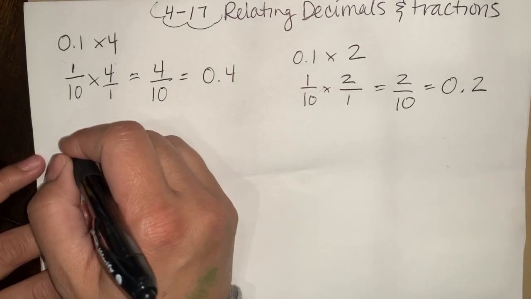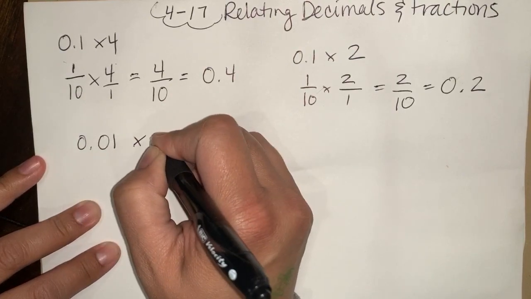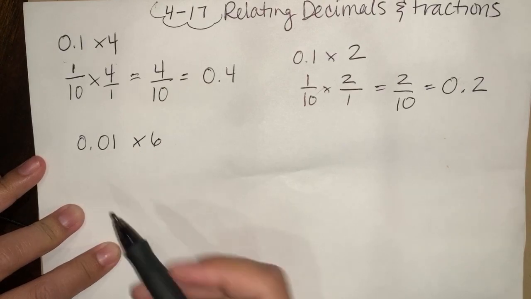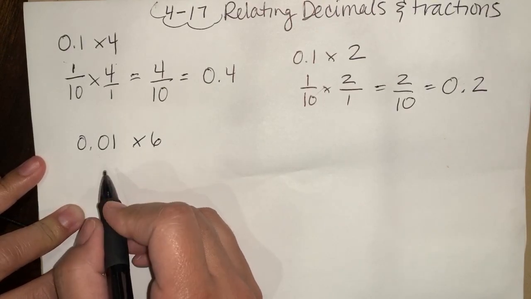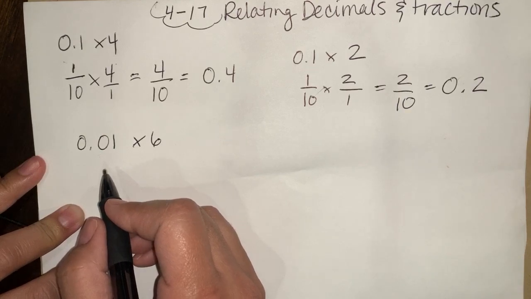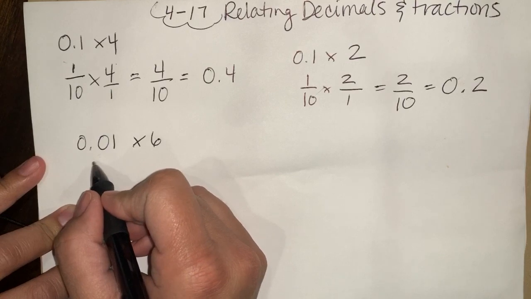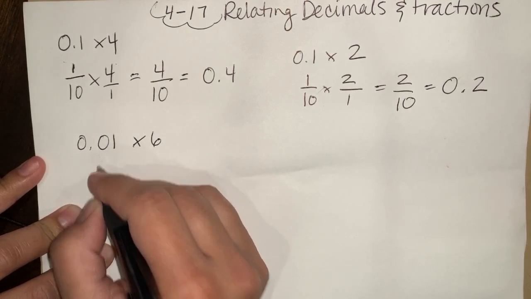If we kick it up a little bit here and we do 0.01 times 6, you would write this as a fraction. 0.01 is read as 1/100th.